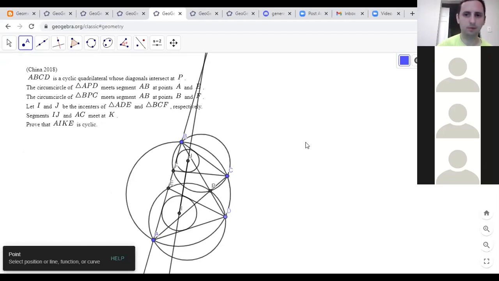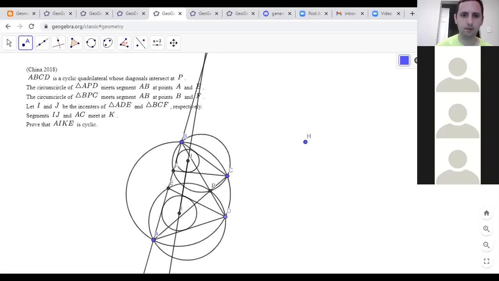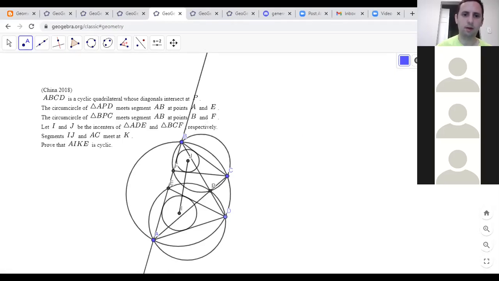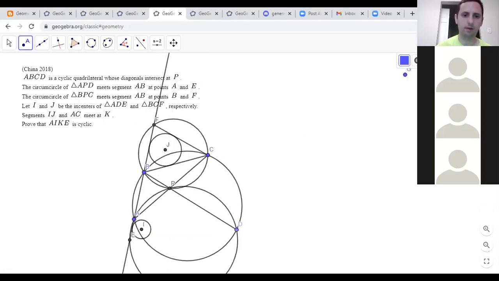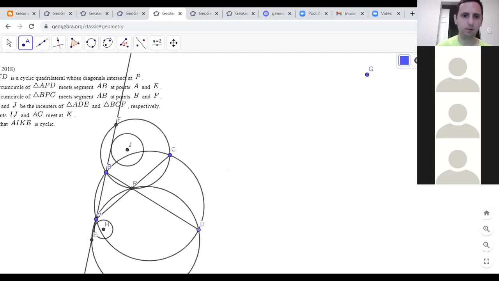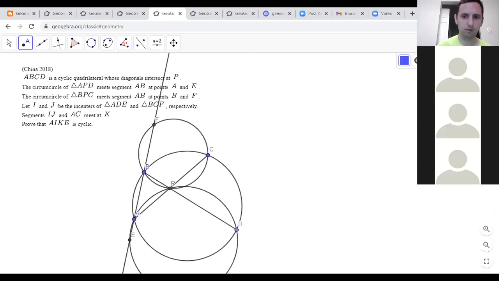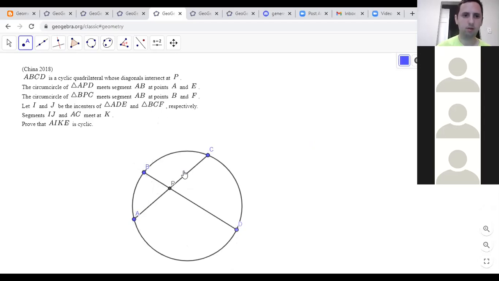Yeah, I wish there was a way to rotate stuff in GeoGebra. I'm going to undo a bunch of stuff. The problem statement is correct. It says segment AB. That's why. Ah, so it has to intersect a segment.